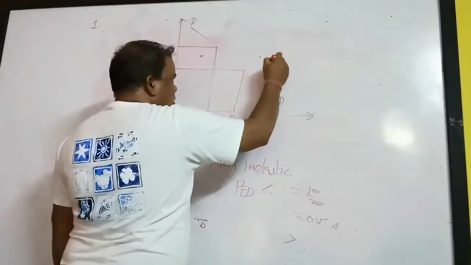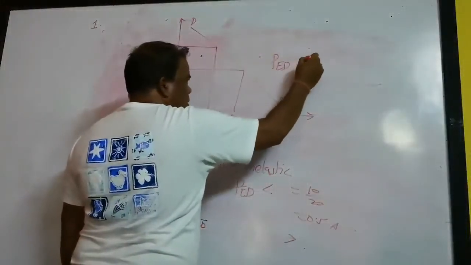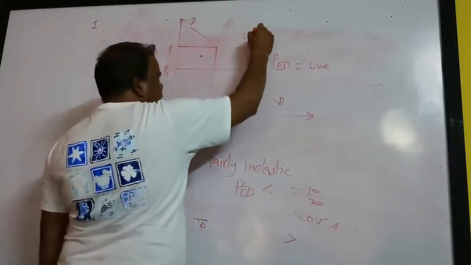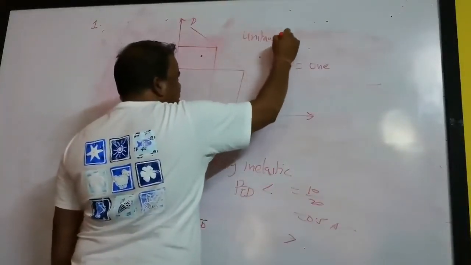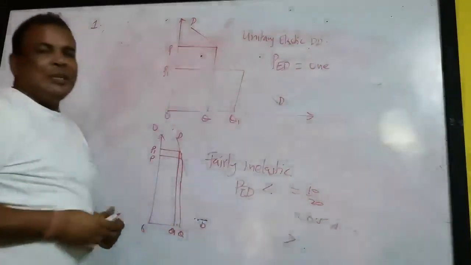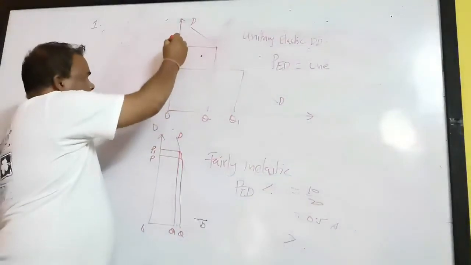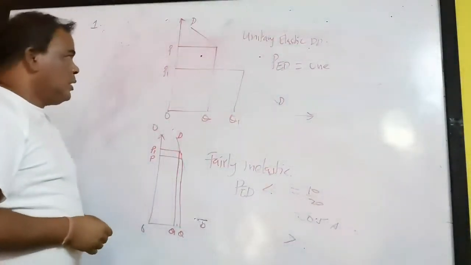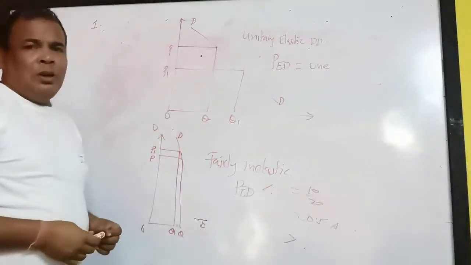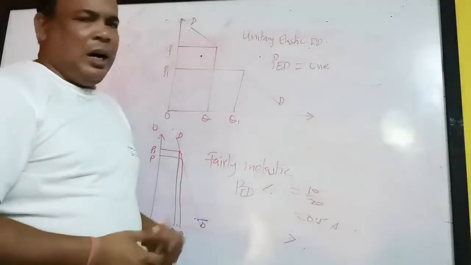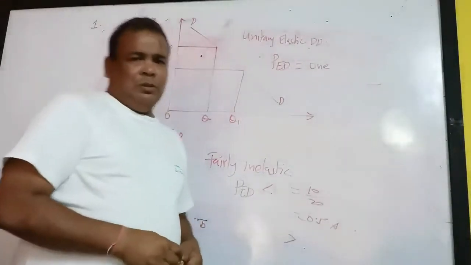We say that PD is equal to 1. So when demand is unitary elastic, the percentage change in price and the percentage change in demand will be the same. And we still remember when demand is unitary elastic, total revenue is constant, as we did in the question previously.